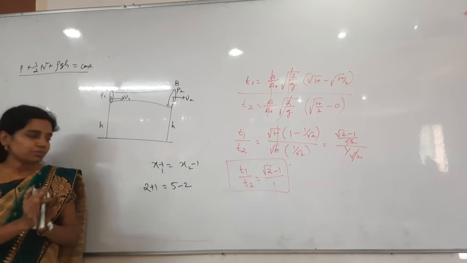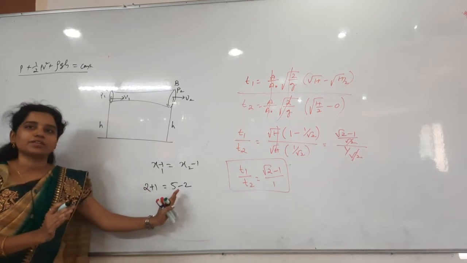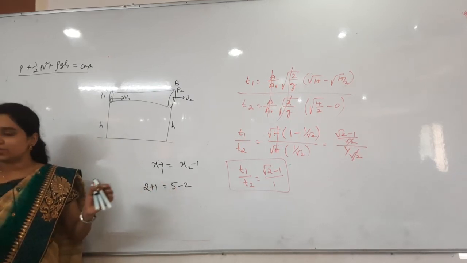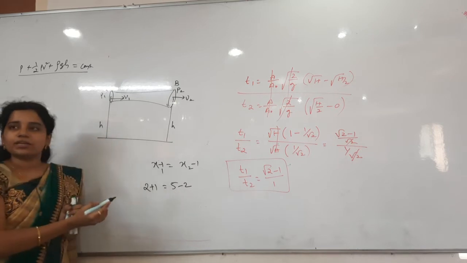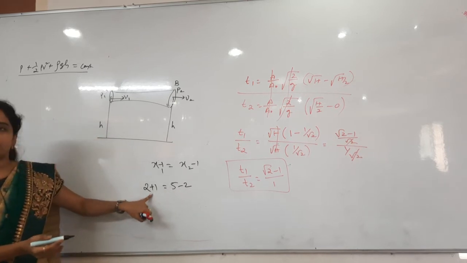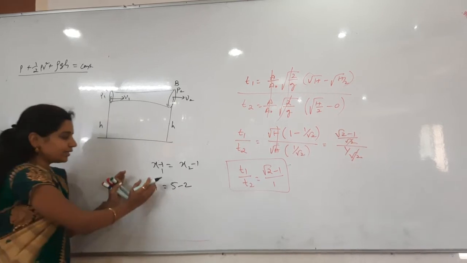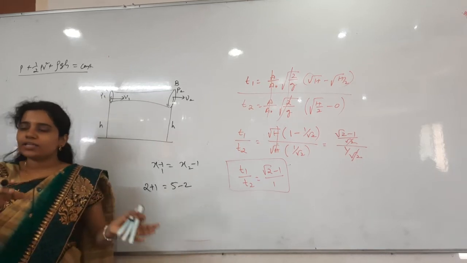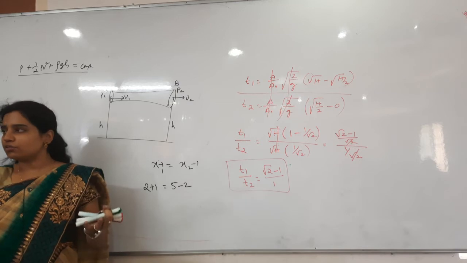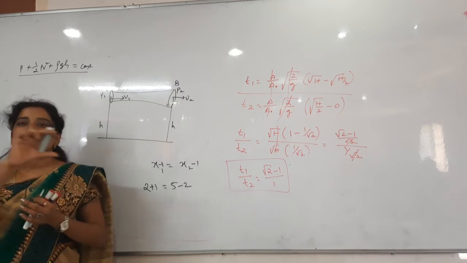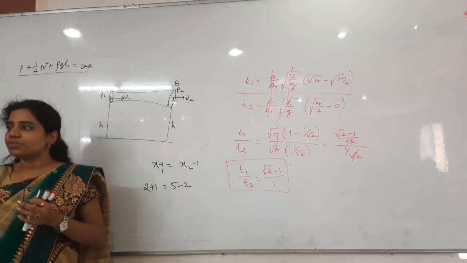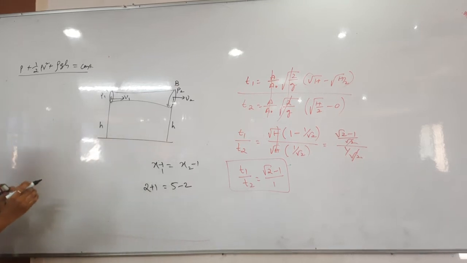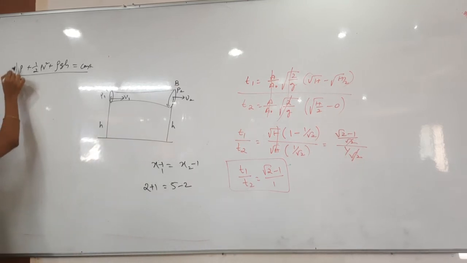Here I want to make 2 equal to 5, nothing but I want to get 3, and 3 means I have to remove 2 from here and add 1 here. So I can get 3 here, I can get 3 here. Something you can add, otherwise you can delete, anything you can do, but always that should be equal only, that should be constant only. The same thing is applicable here, that is the sum of the pressure energy, kinetic energy and potential energy per volume is always constant.